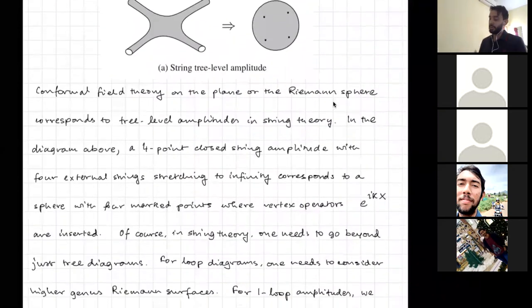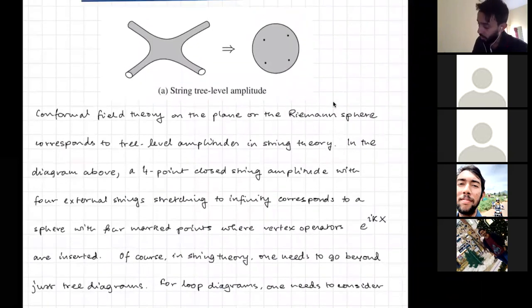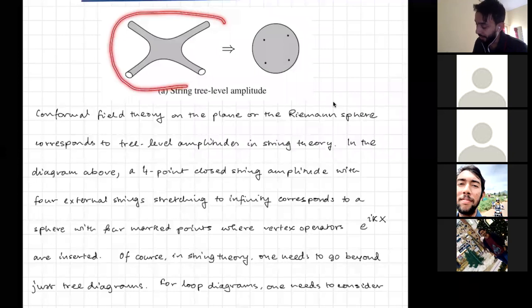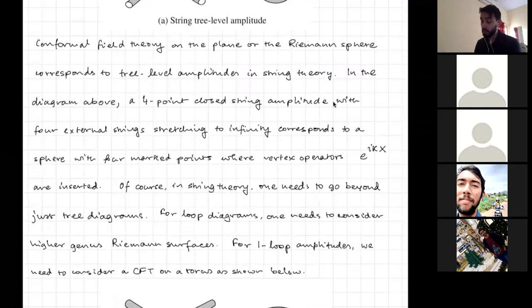So that's what I've been trying to write down here. If you are looking at a tree diagram like this, that is equivalent to having four of these identity marked points on a sphere. For loop diagrams, one needs to go higher.